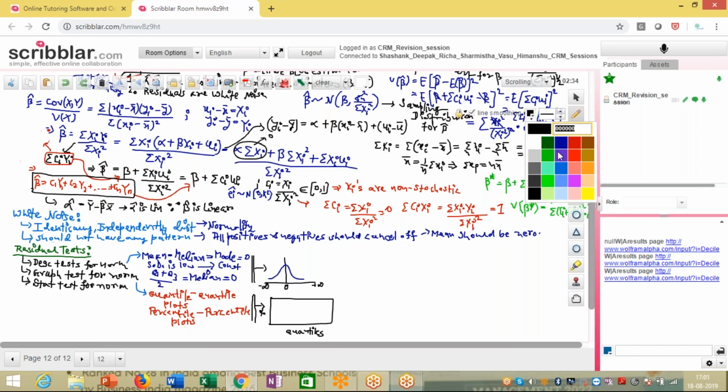Now over here, this green line that I have drawn is a normal line.